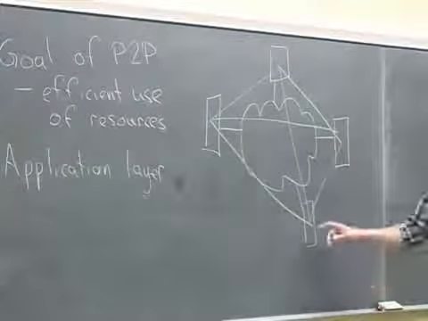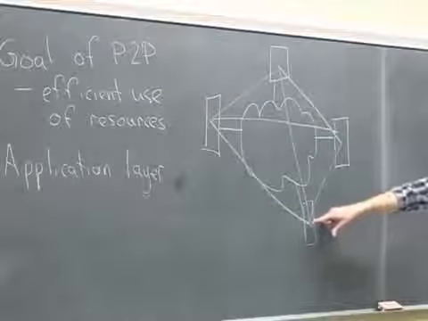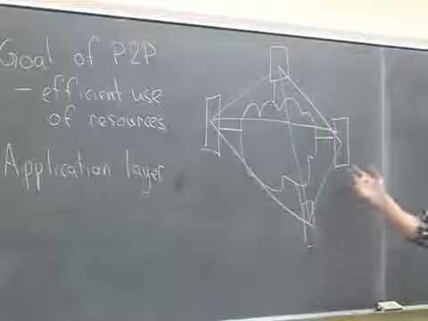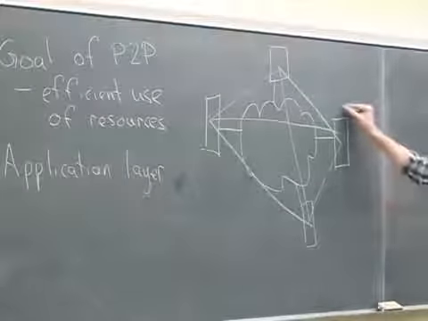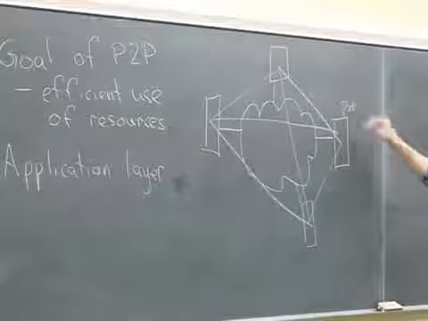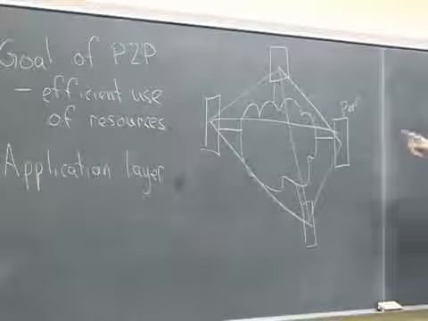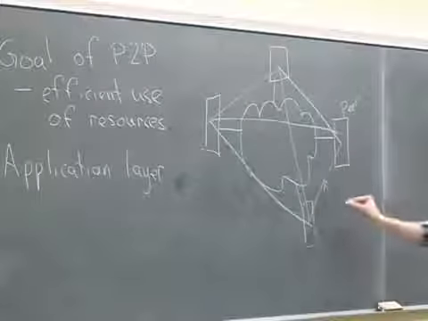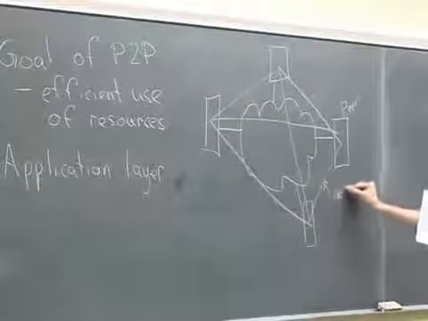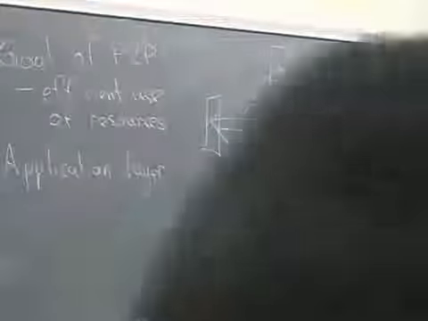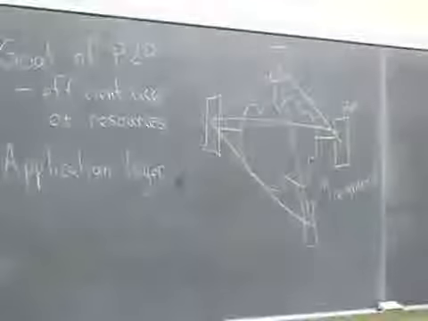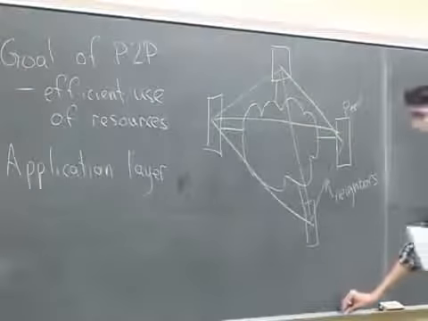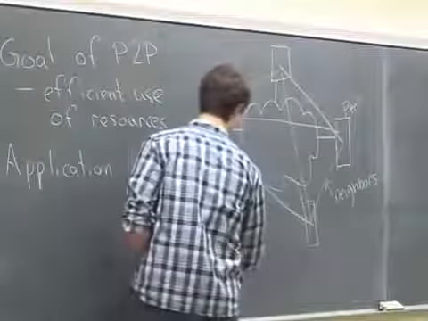And so when there's this logical application layer link between two peers, we say that they are neighbors, okay? So each end host in our peer-to-peer system is called a peer, and if two peers are connected, then they are neighbors, okay? So that's just some basic terminology. And then this green logical network is called an overlay network.